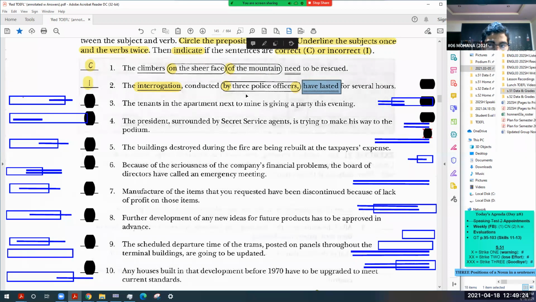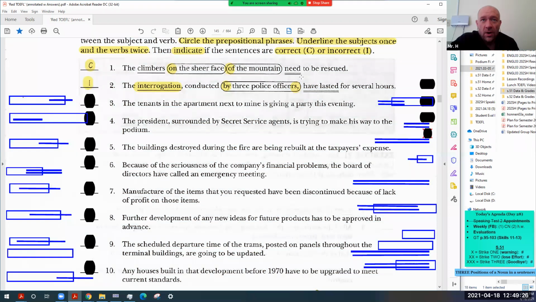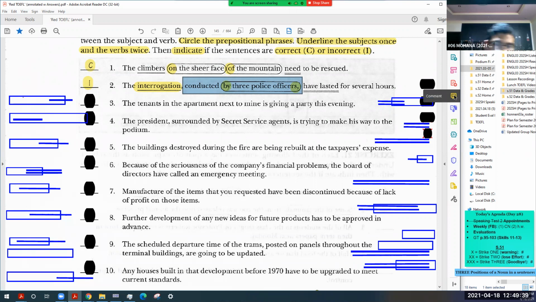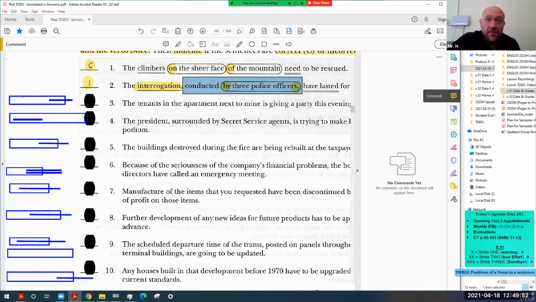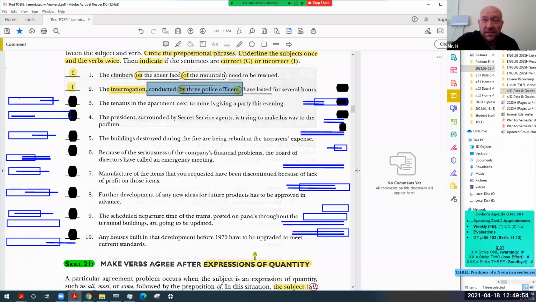Now, I have a question for you. What is all of this in the middle? In unit 4, you should know what this is. I think it's a non-defining relative clause. It is a non-defining clause. It is a reduced adjective clause. Okay, it's a reduced adjective clause.